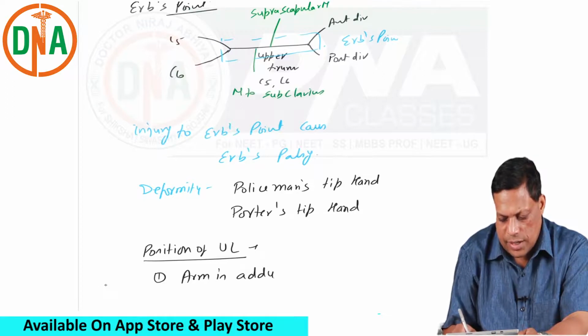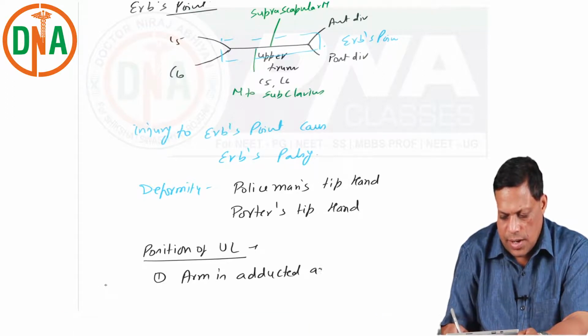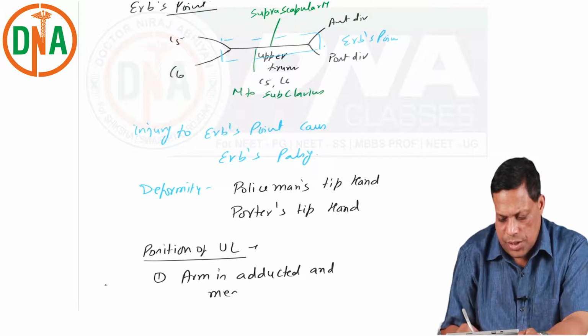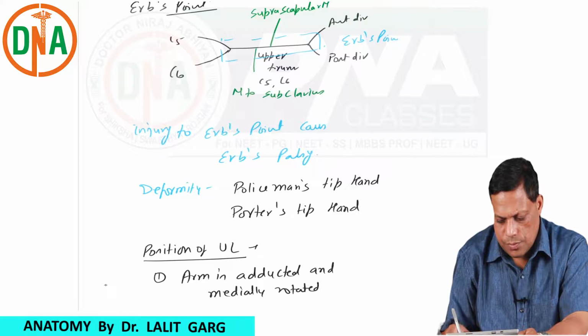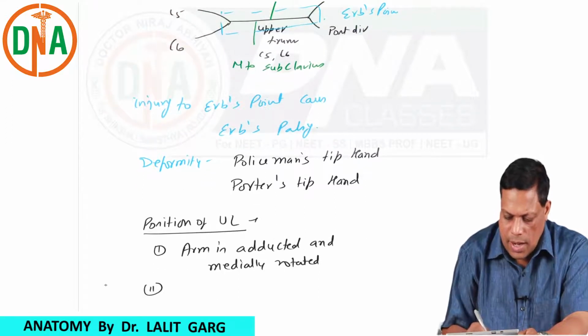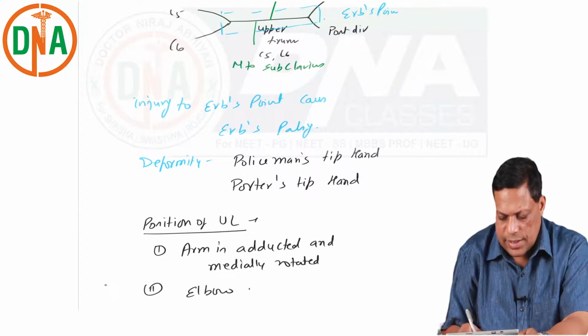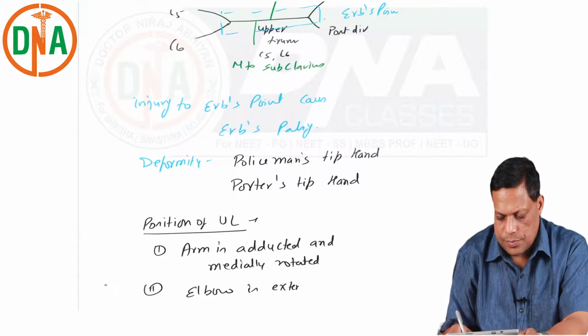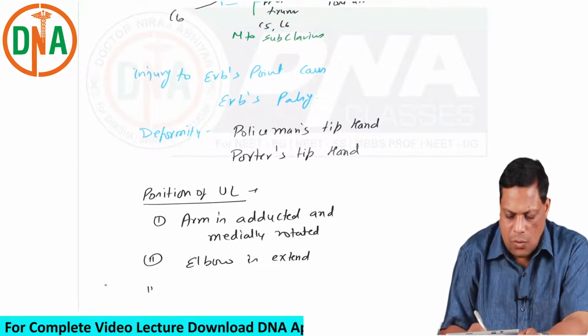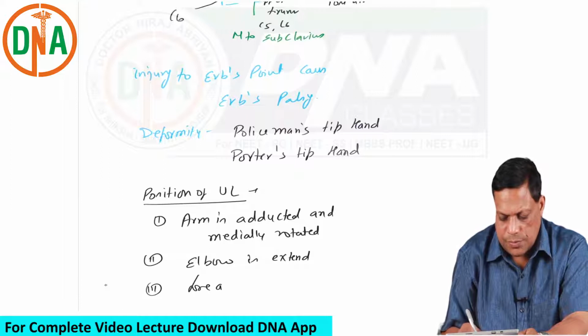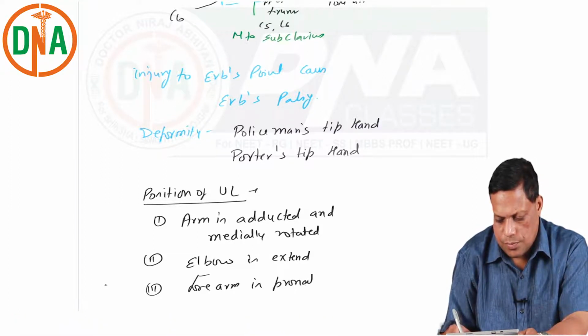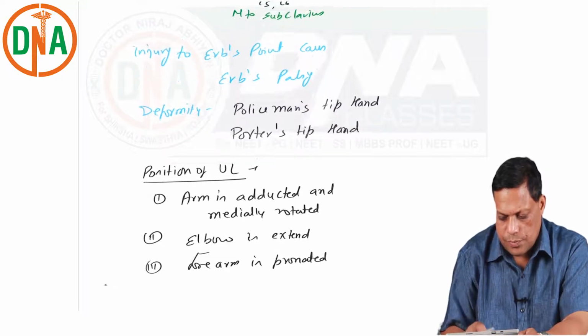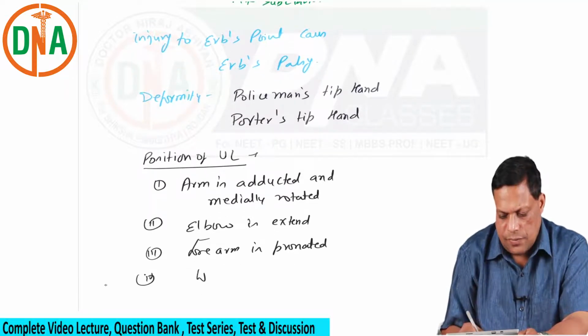Arm is adducted and medially rotated. Elbow is extended. Forearm is pronated. And wrist is flexed.